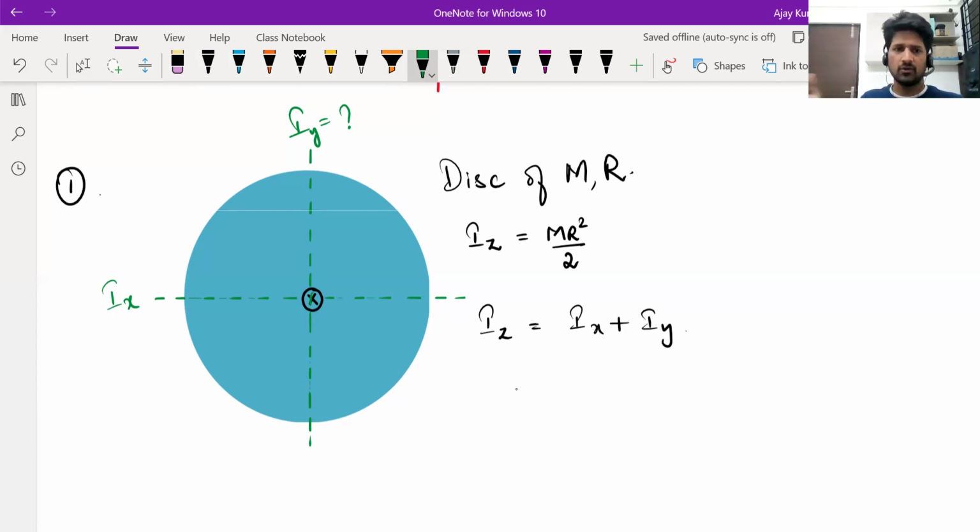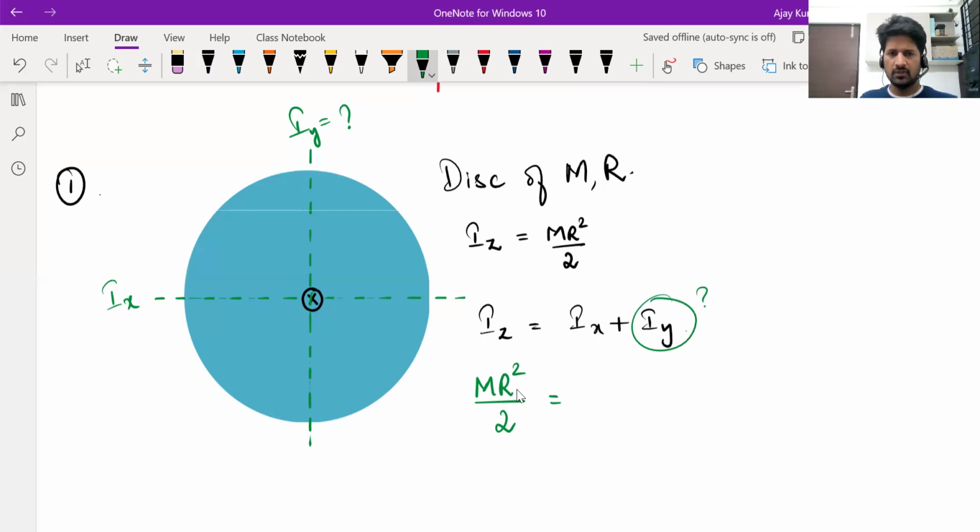We know Iz is equal to Ix plus Iy because x and y are in the same plane as the system. We keep them on the right hand side. Z is perpendicular to the system, so we keep it on the other side of the equation. The left hand side is mr square by 2, that is Iz. We don't know Ix, we don't know Iy. Our aim is to derive Iy. Vanilla, don't answer.